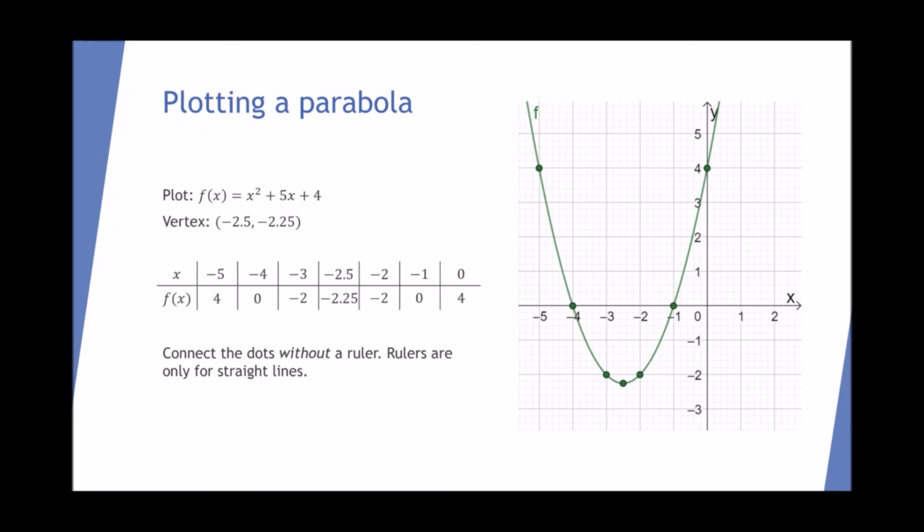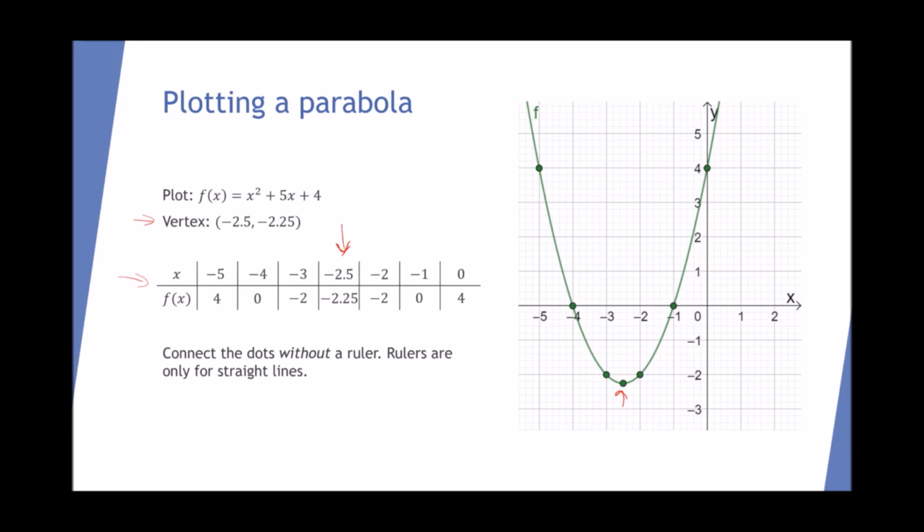Going over the steps once more, we started by finding our vertex with all the steps from the previous video. Then we made a table, filling in our vertex in the middle so we could fill in whatever other numbers at the sides. Then we create a coordinate system and we plot all the points, which still gives us our vertex nicely in the middle, so that we have part of the graph on the left, part of the graph on the right.